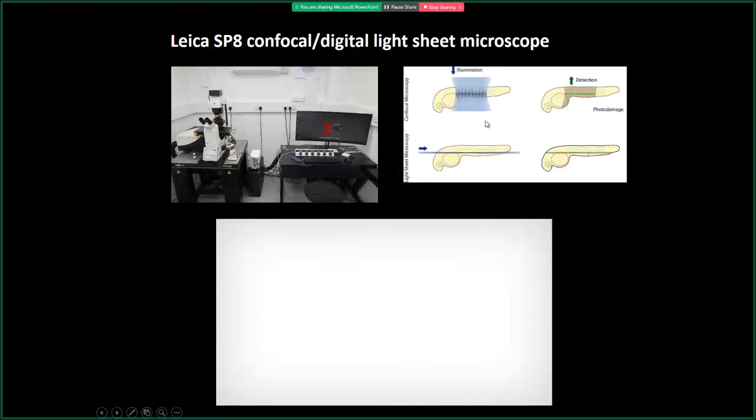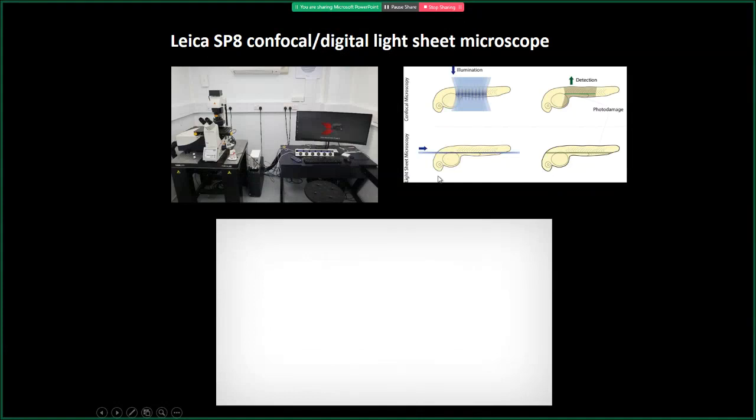If you just look on the top right diagram here, on the left, we have an example of how we would image something using confocal microscopy by scanning a spot through a specimen back and forwards. Of course, what we do get then is a lot of photo damage because we're shining an awful lot of light on this specimen.